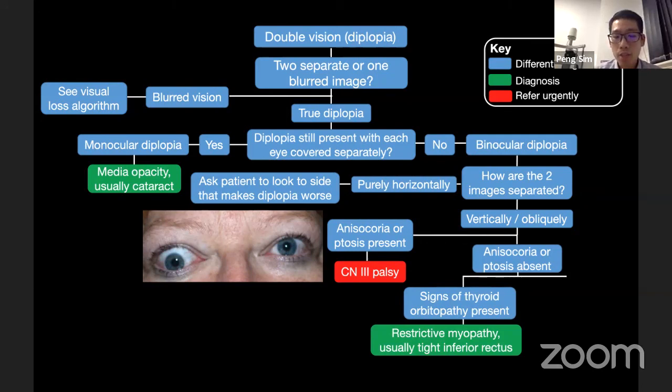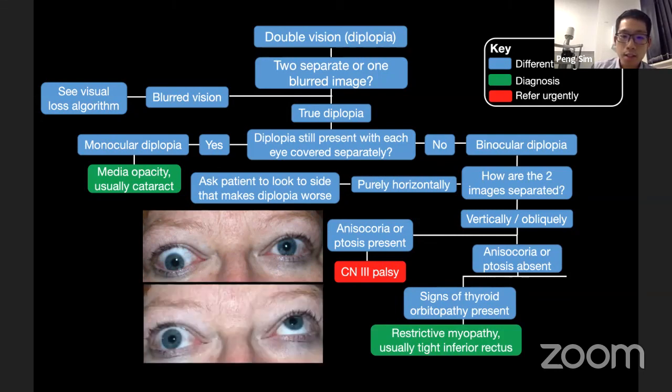So if this patient comes to you with the classic signs of Graves, where the eye is proptosed, the eyelid is retracted, the patient has a starry appearance, and the patient is complaining of double vision, then it is likely to be thyroid eye disease, and you should investigate for any systemic complications, as well as doing a full thyroid function test.